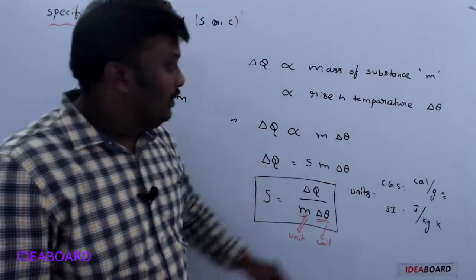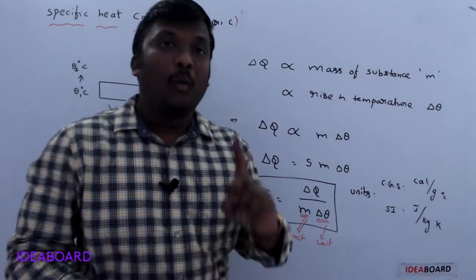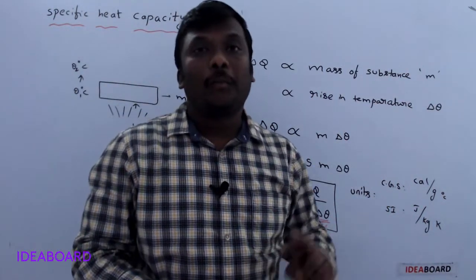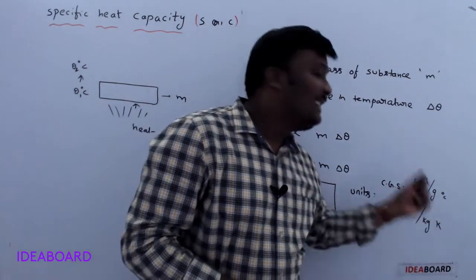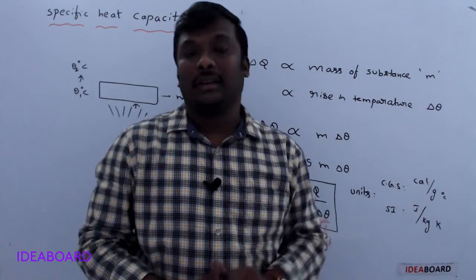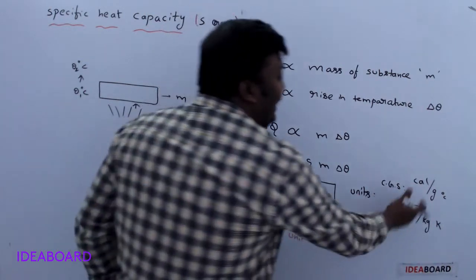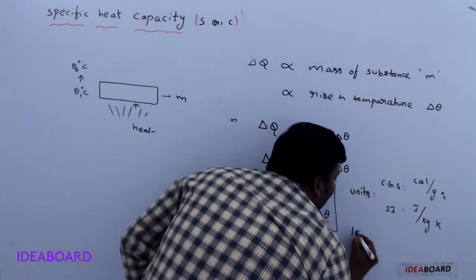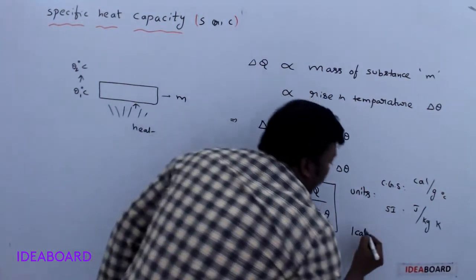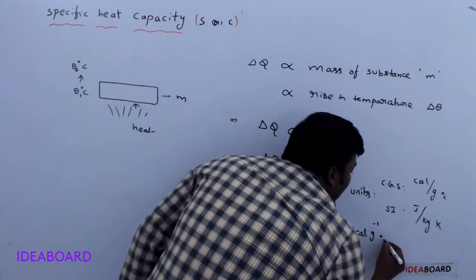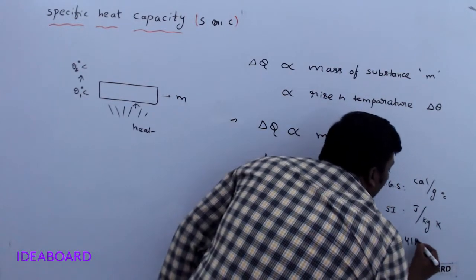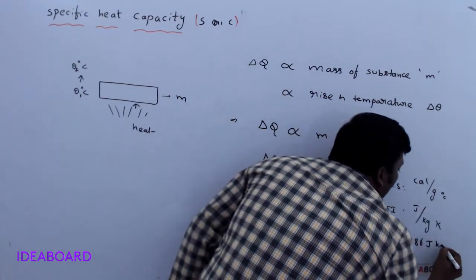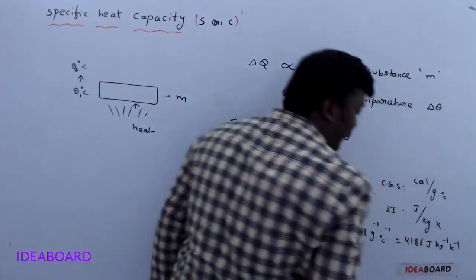And we know the value of 1 calorie. 1 calorie is equal to 4.2 joules, and 1 kg is equal to 1000 grams. So we get one relation: 1 calorie gram inverse degree Celsius inverse is equal to 4186 joule kg inverse Kelvin inverse.